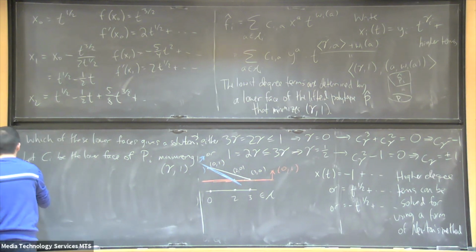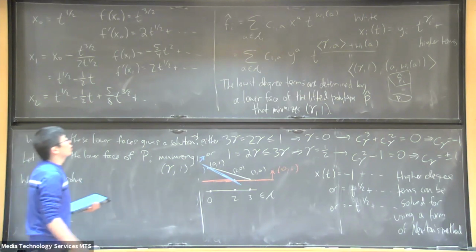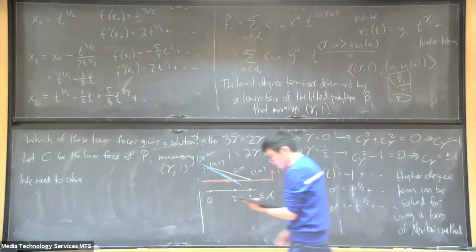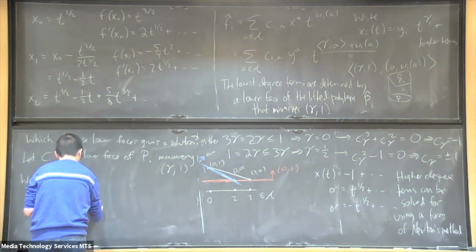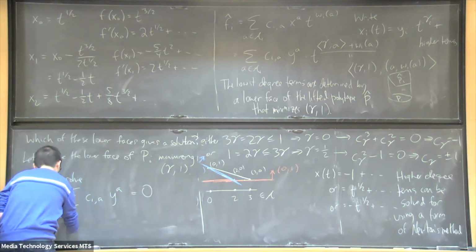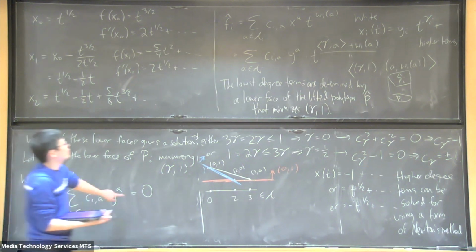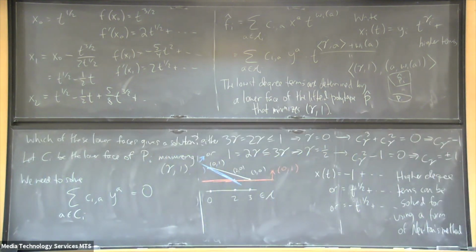We're trying to solve for these coefficients yi. So we need to solve these equations, which look like this. For each of these faces ci, we need to solve this equation in order to ensure that the coefficient that we get in front of this lowest degree term is actually 0.